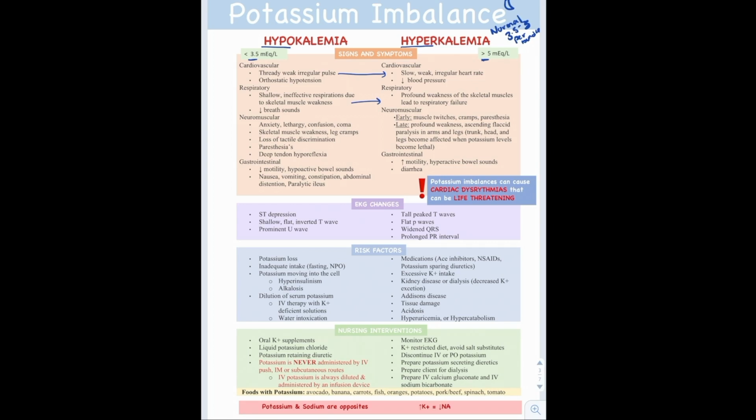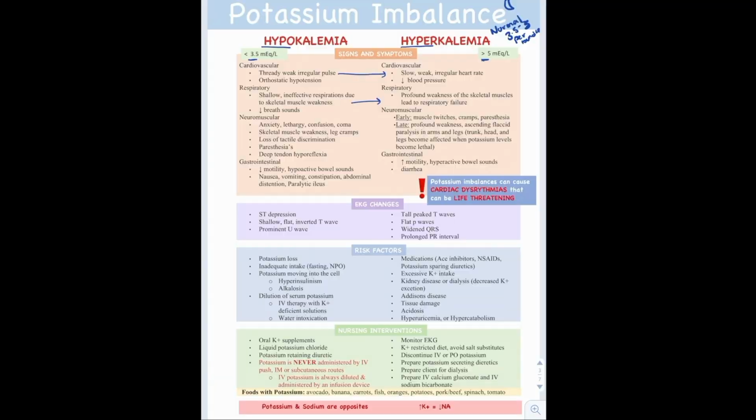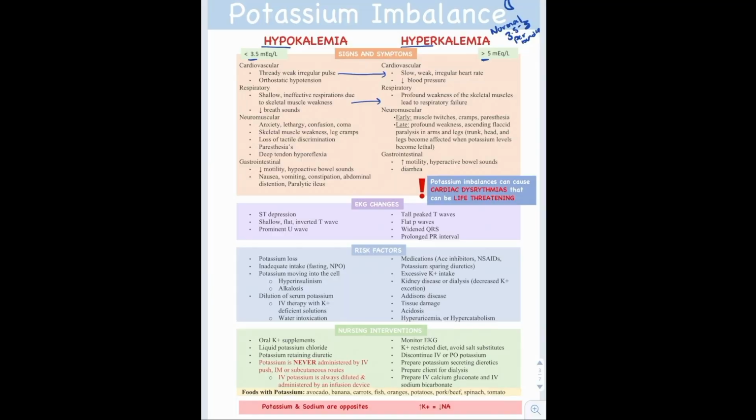Neuromuscularly, with hypokalemia, we're seeing anxiety, lethargy, confusion, and coma, skeletal muscle weakness, leg cramps, loss of tactile discrimination, paresthesia, and deep tendon hyporeflexia.